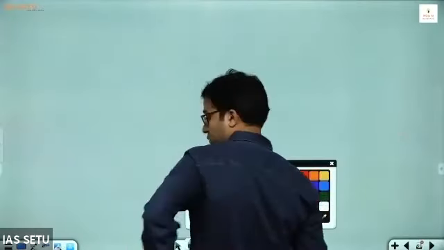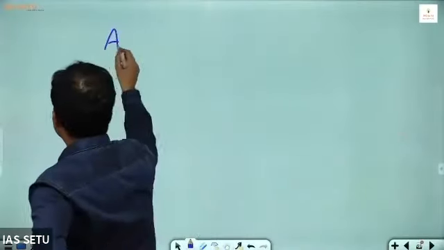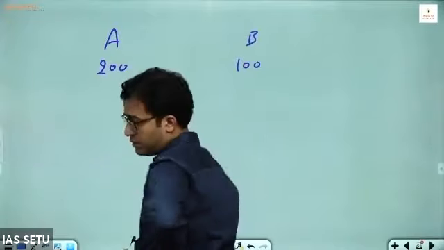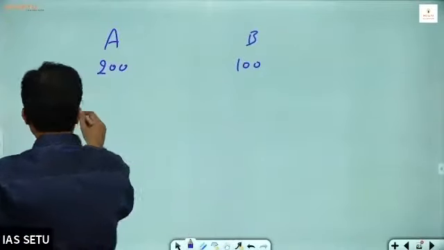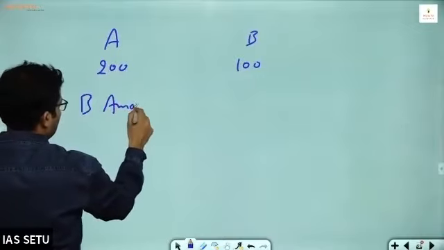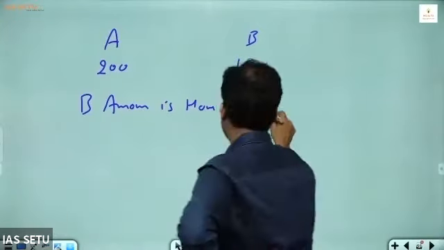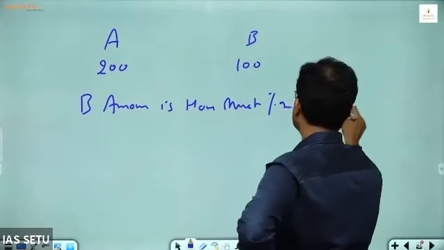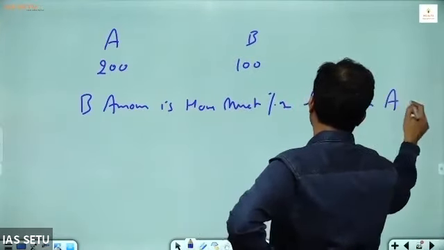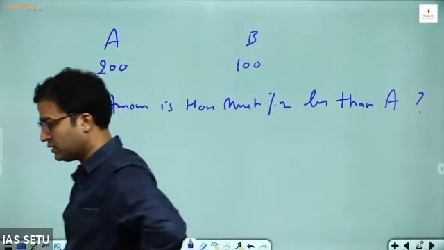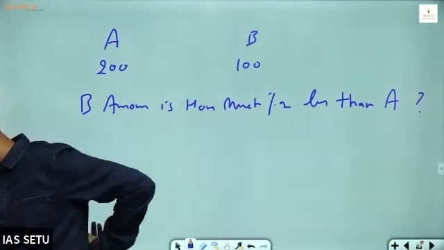One more question. A is having 200 rupees. B is having 100 rupees. B amount is how much percentage less than A?